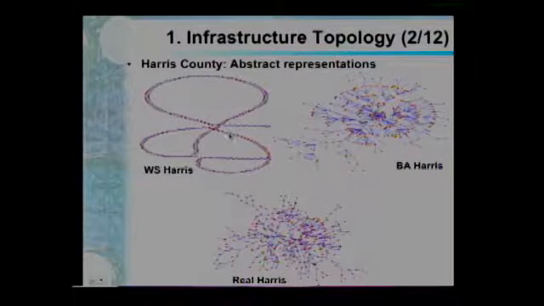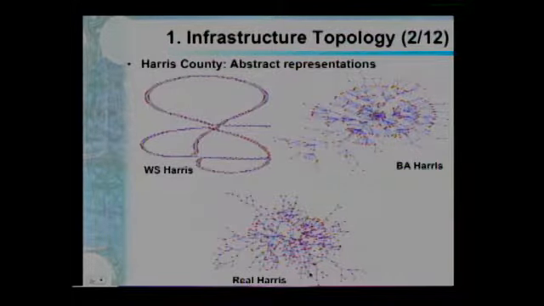What I will show you is those two ideal networks, the Barabási-Albert or scale-free network on one side, the small world on the other. Those networks have the same number of nodes and links as the power system of Harris County. In the top right, the Barabási-Albert, where you see the nodes with a disproportionately large number of connections. On the left-hand side, we see the Watts-Strogatz or small world network with a very regular structure.